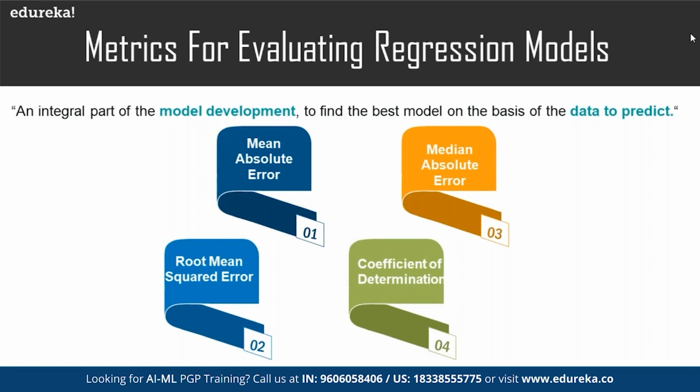We have the target variable, the expected value, and the actual value we have got as the result, and we take the difference there, then we square the difference, and then we take the mean of it, the average of the differences between the target result and the actual result, averaged over the total number of data points. Such an average we call the mean, and as we take the square root of that, we yield the root mean squared error value.